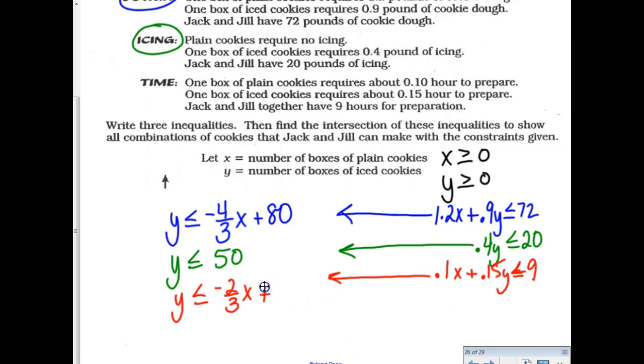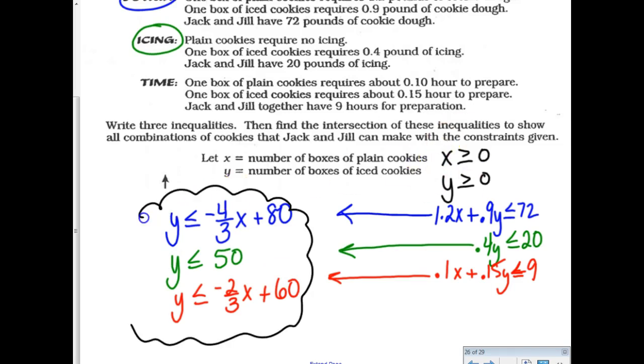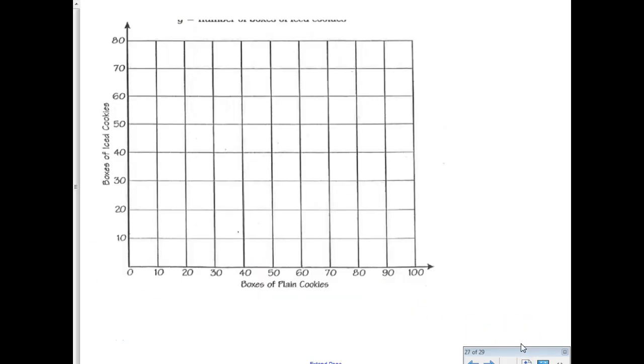Okay. So these are the ones we're going to have to graph. All right, so that first blue one was negative 4/3 x plus 80, I believe. So it starts up here at 80.